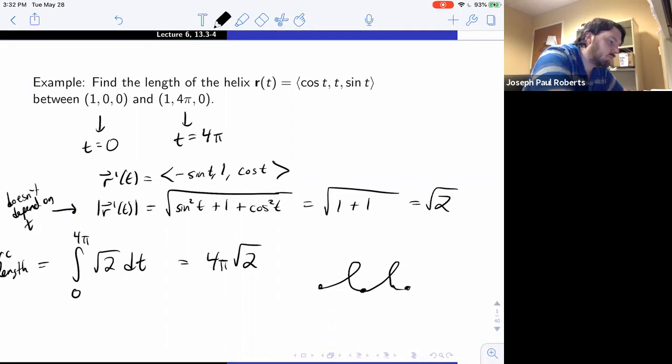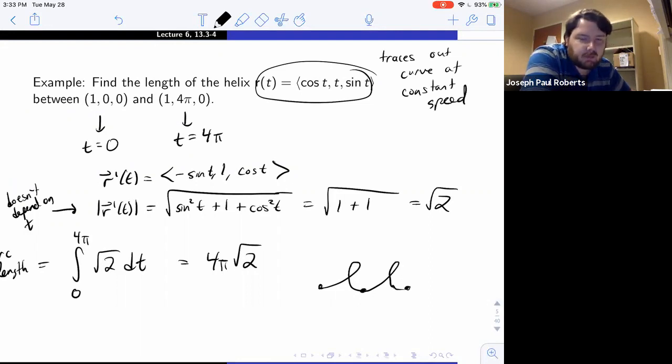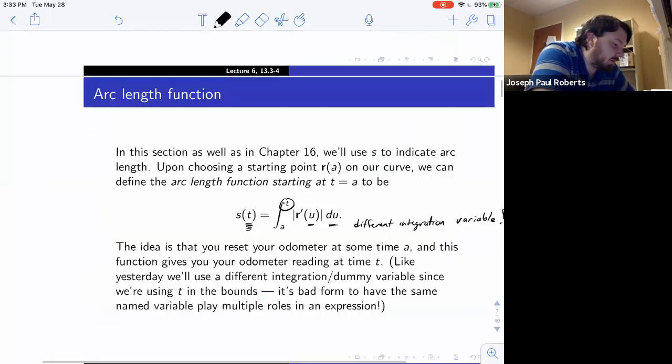And so a property that this happens to have is that this traces out the curve at a constant speed.